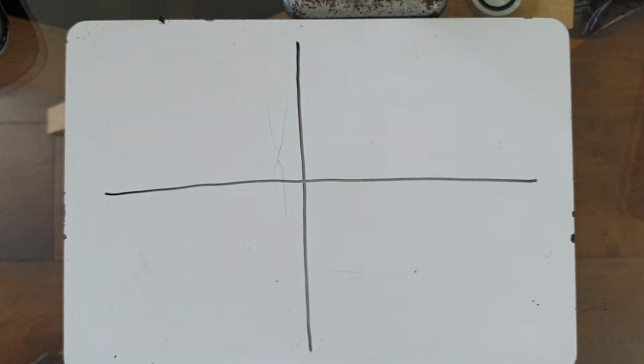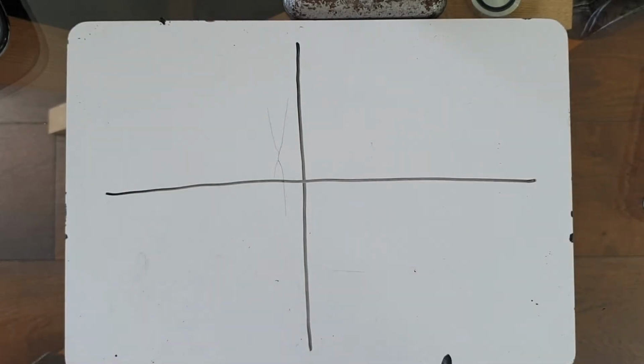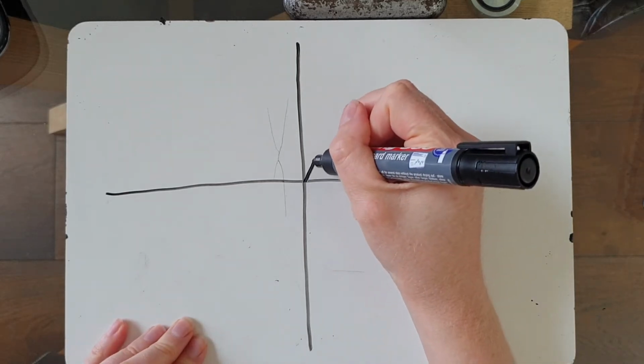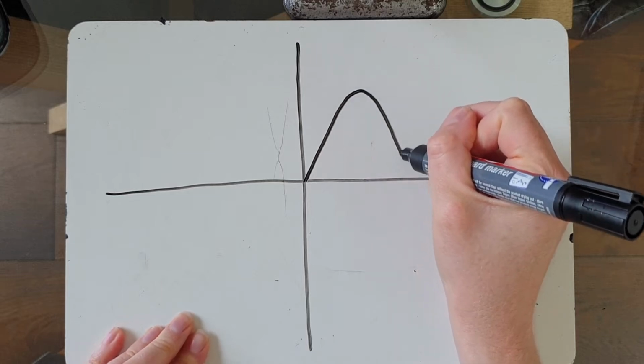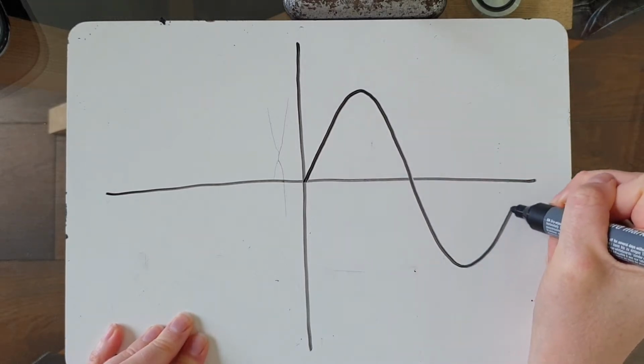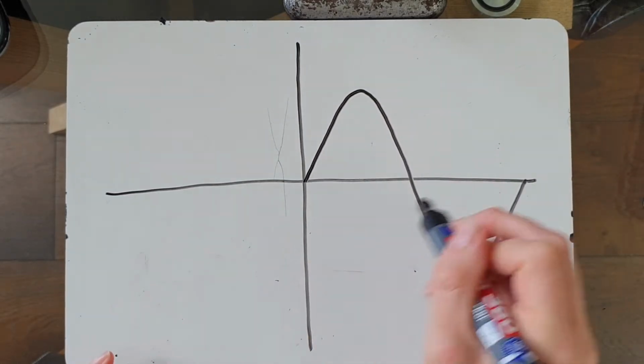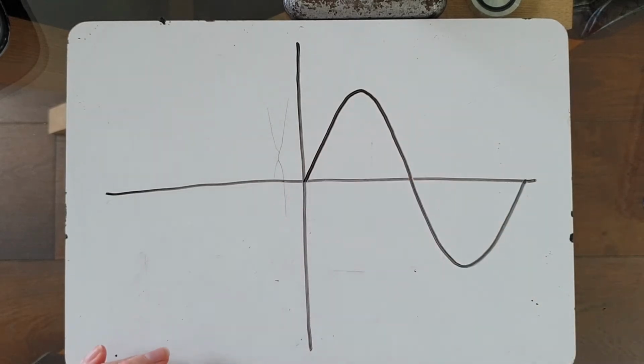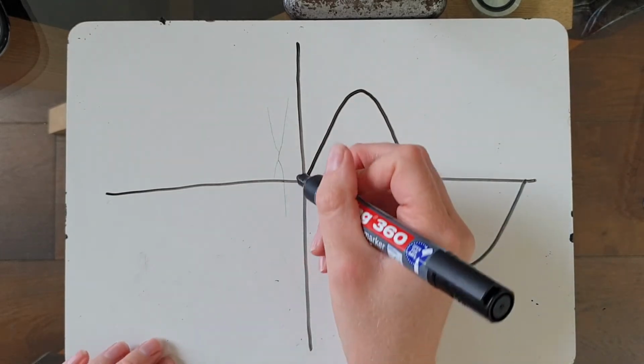Right, so I always start with the right-hand side. This will not be particularly neat or regular, but it should be. So the right-hand side will look like this. The left-hand side will be the same pattern repeated, and this is where, on my graphs, it always goes wrong.